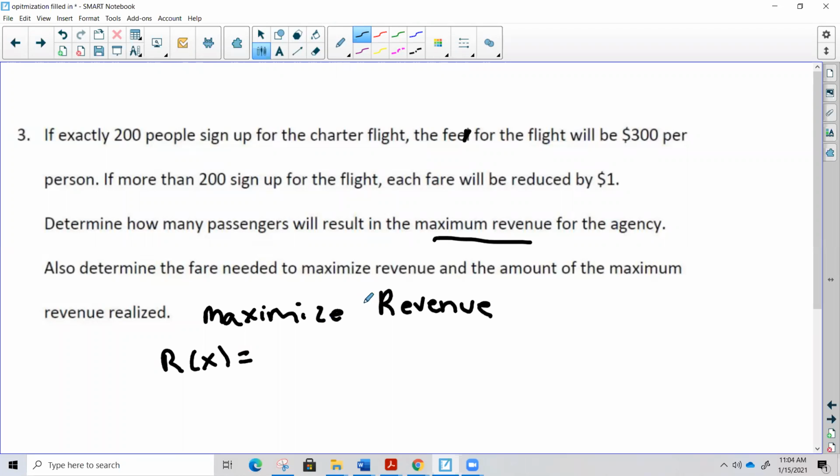And again, in this case, for our revenue, we are going to use the whole idea of taking X, which in this case is the number of people, times the demand function, which again, we can call P of X or D of X, whatever you want to do. So this would be our revenue formula again, and we're going to say X is our number of passengers.